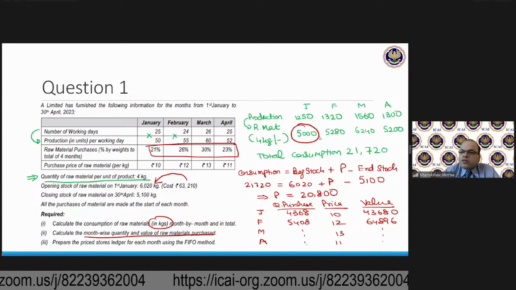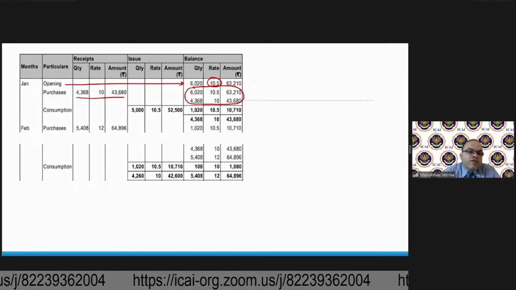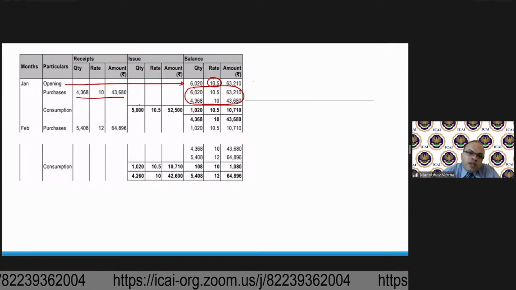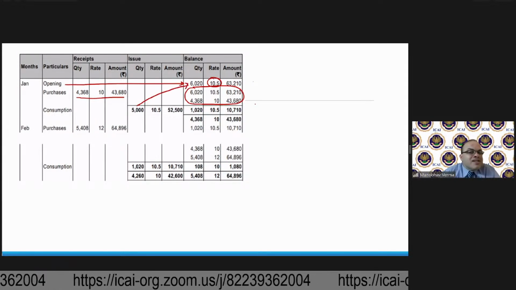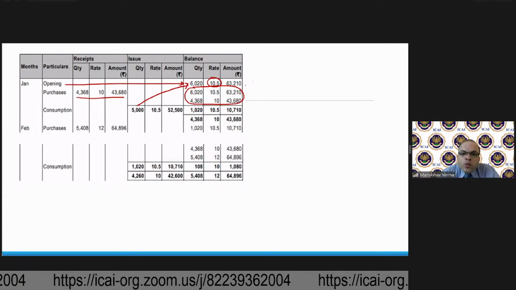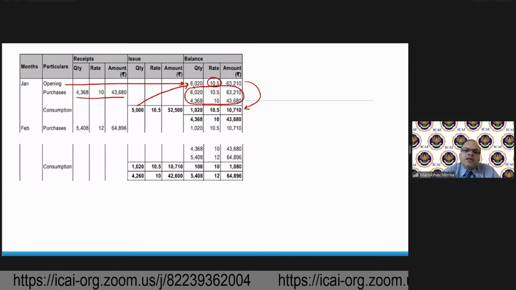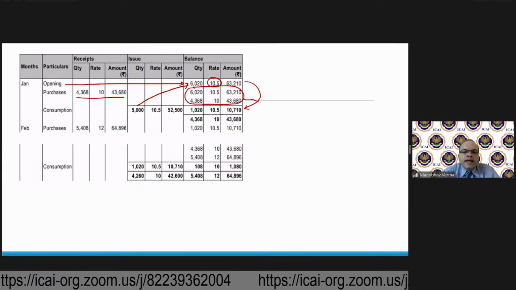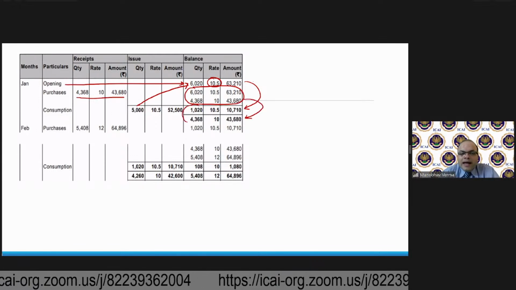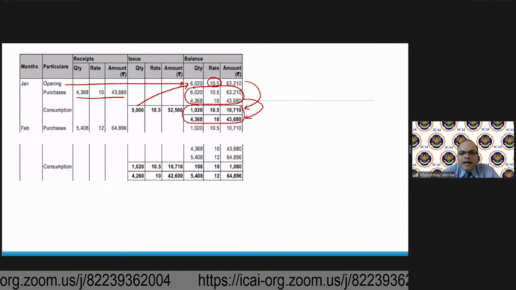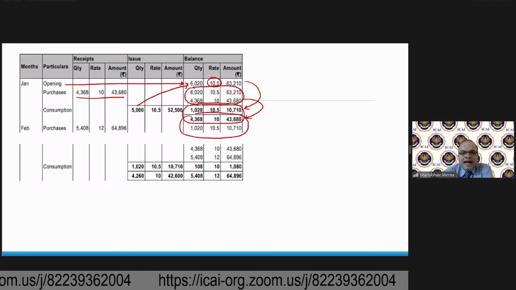So what we are looking at here is that it is first in, first out. So the entire 5,000 is going from the opening stock first. As a result, I'm left with 1020 from that. And the additional purchase of 4368 still remains intact here. So this is my inventory at that point of time, 4368 and 1020.